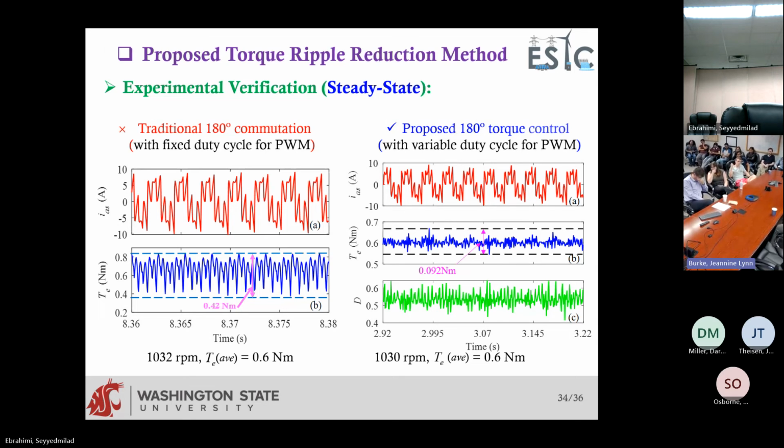Mm-hmm. But again, I get your point, but because you have lower torque ripple, electromechanical torque minus mechanical load torque is going to be equal to 1 over JS, and this is going to be the speed. Then you take the integral of the speed, that's going to be the position.